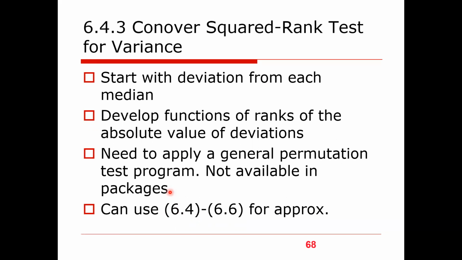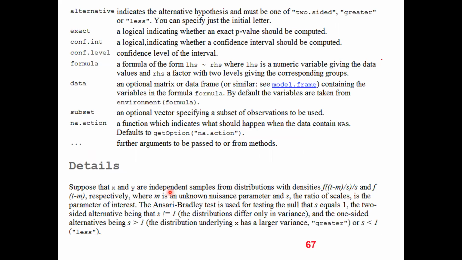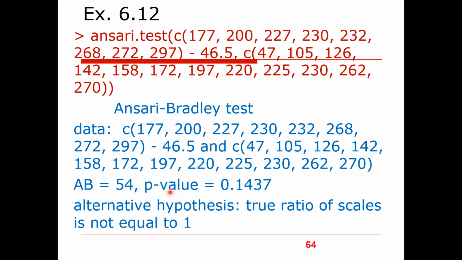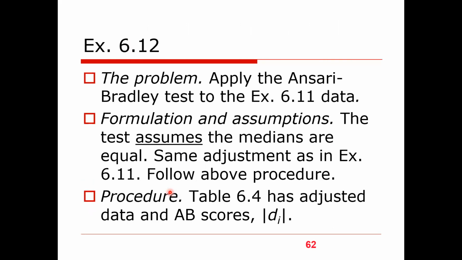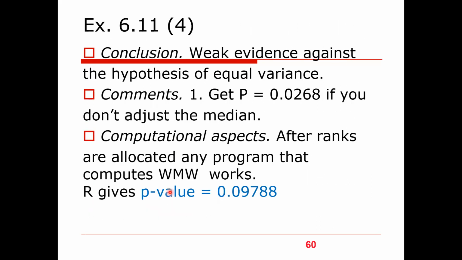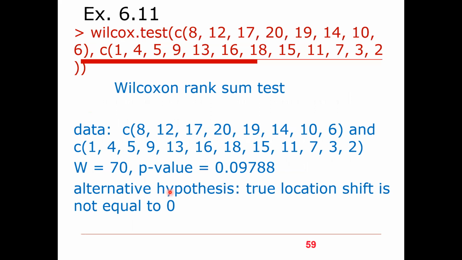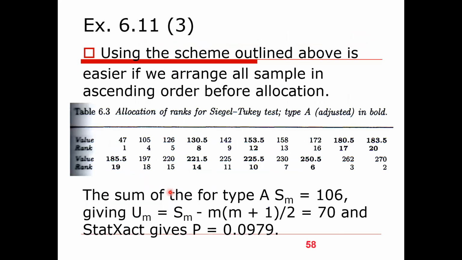to test the one parameter. For example, just now, we used the same data to perform the Ansari-Bradley test and the Siegel-Tukey test, and they have different p-values, right? For the Siegel-Tukey test, the p-value is lower, although they give us the same conclusion, not reject the null.